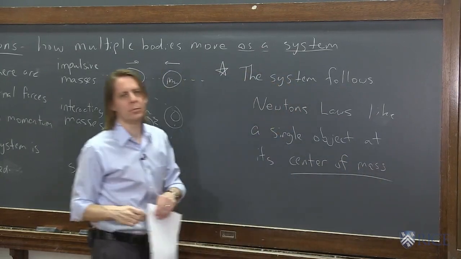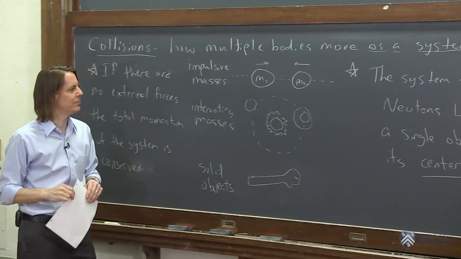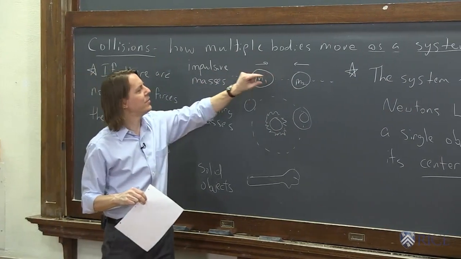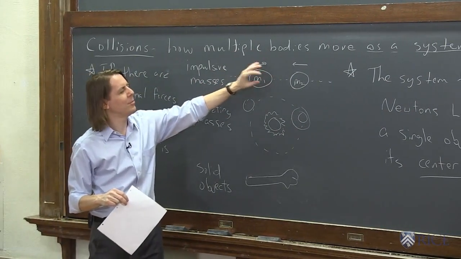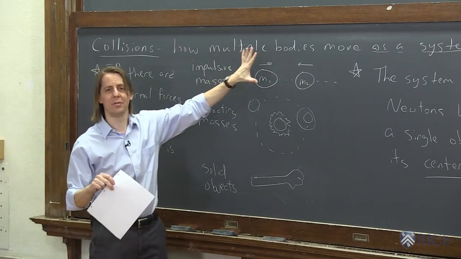All right, this is the concept we want to talk about, the center of mass of a system. So we can think of each of these as having a center of mass, and in terms of that center of mass, the object is just moving along, obeying Newton's laws.